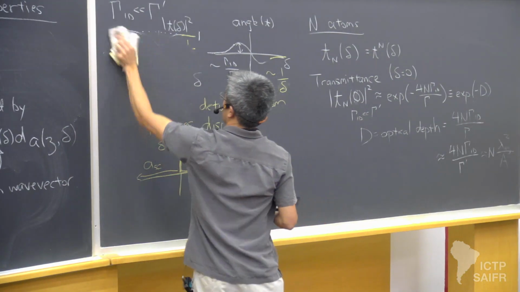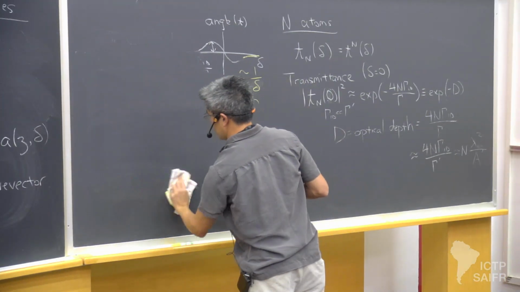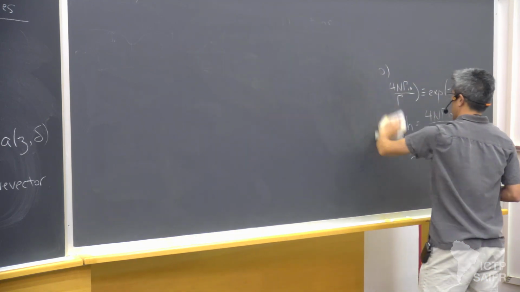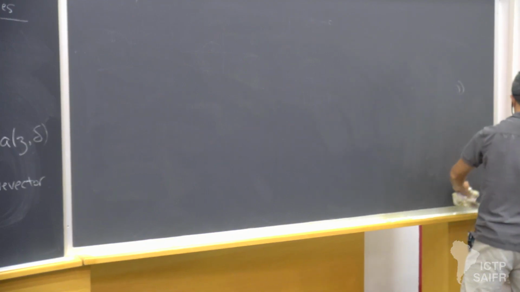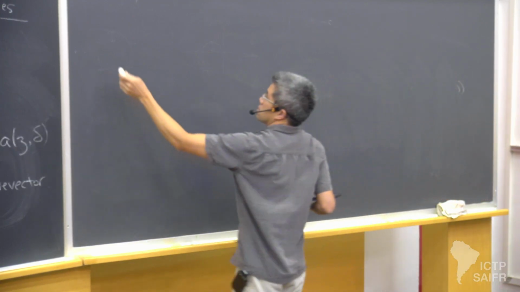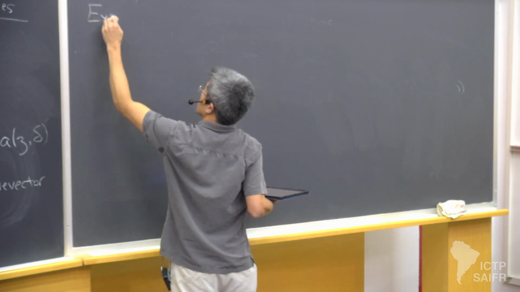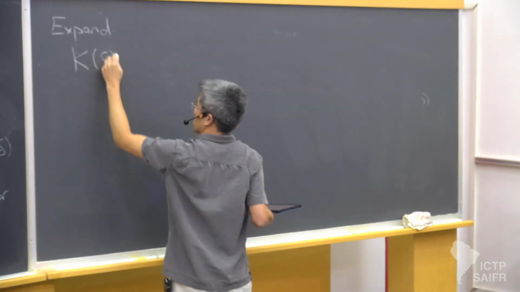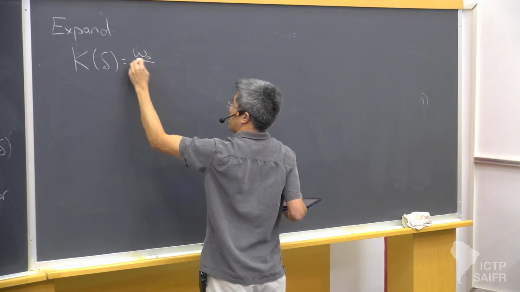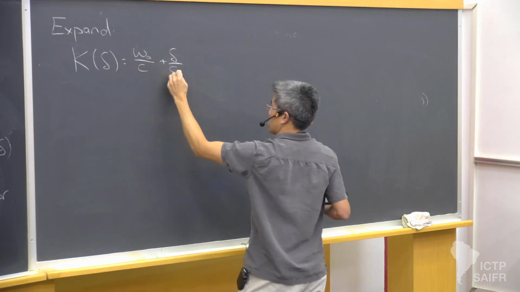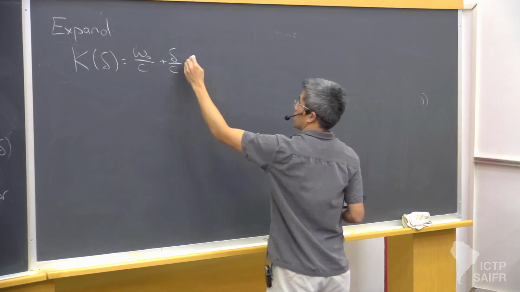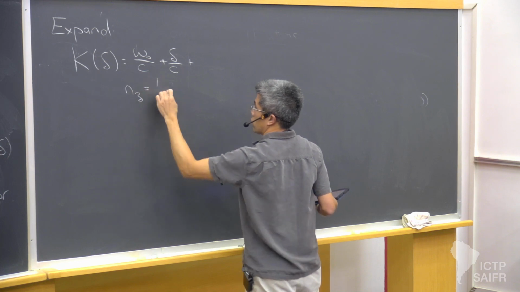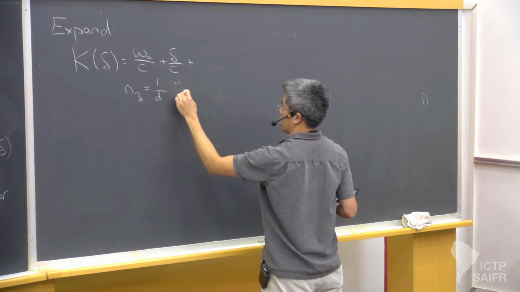Now what you can do is take that solution and expand it around small delta. k of delta to lowest order is omega over c plus delta over c. We can define nz as 1 over d, which is the density of atoms.